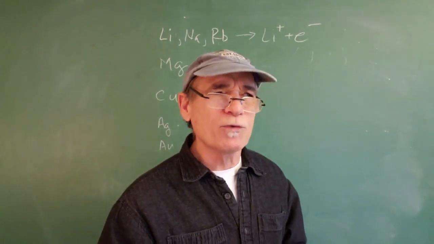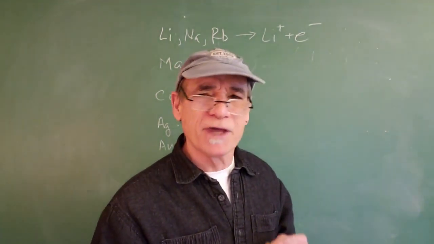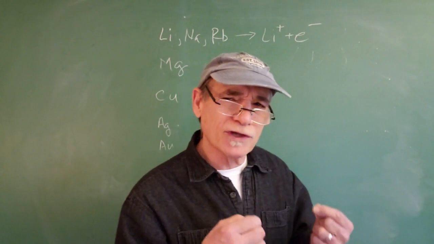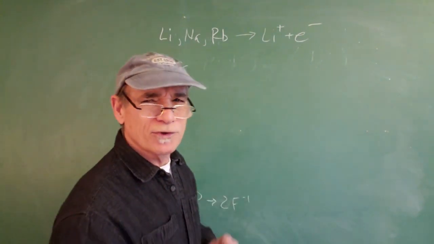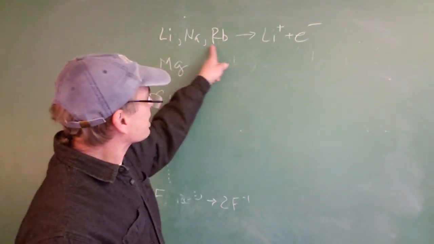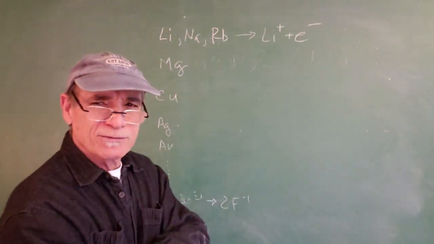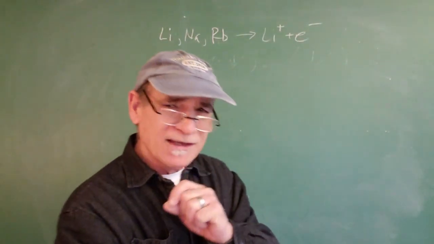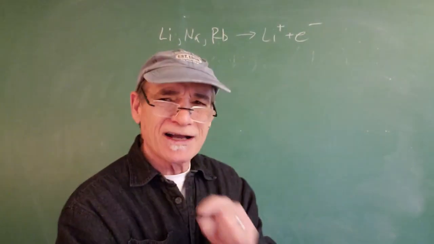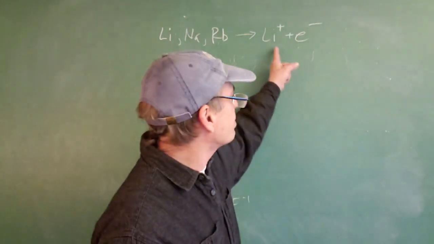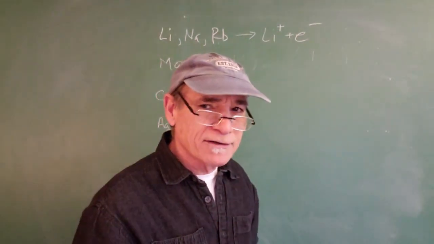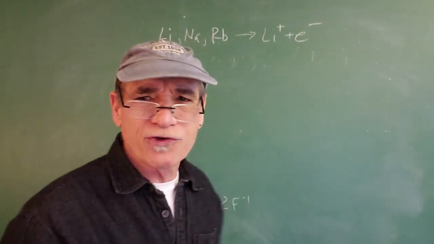If we look at which metals like to become cations the most, what jumps out would be the group 1 elements: lithium, sodium, potassium, rubidium. Very reactive, very big oxidation potential. They would love to become a cation and give up an electron. The group 2s are pretty much the same way.